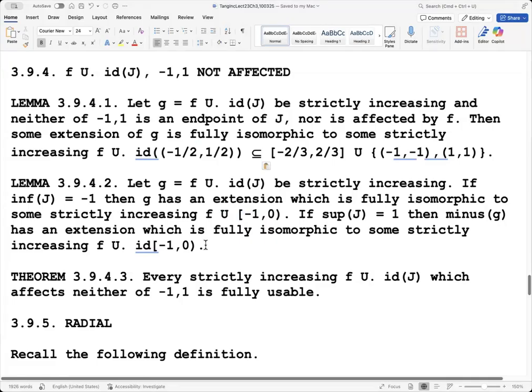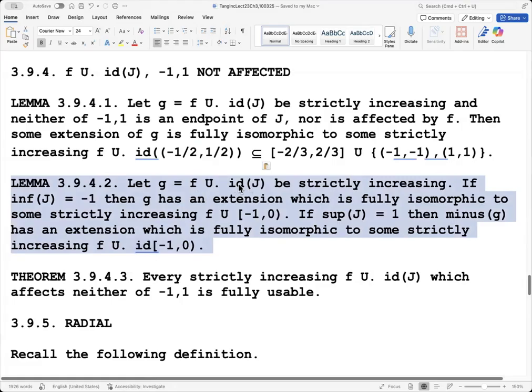Now, G is strictly increasing and minus of G is strictly increasing. So this is just a way of talking about the symmetry between minus one and one, right?